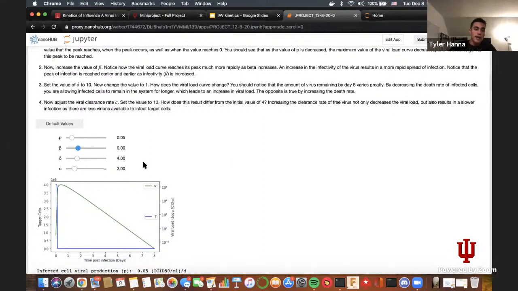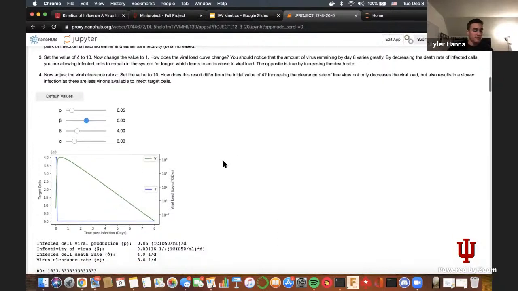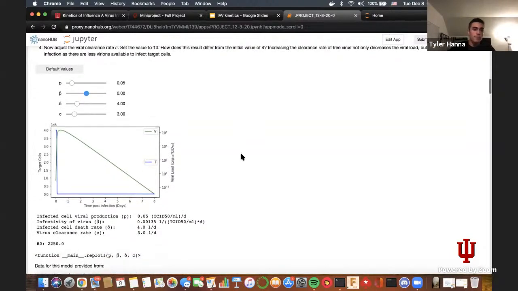As this parameter is increased, each virion becomes more and more infective, which is going to spike the rate of infection very early on. It doesn't necessarily increase the viral peak, as there is a limited number of target cells, so there can only be so much virus in the cell at one time.